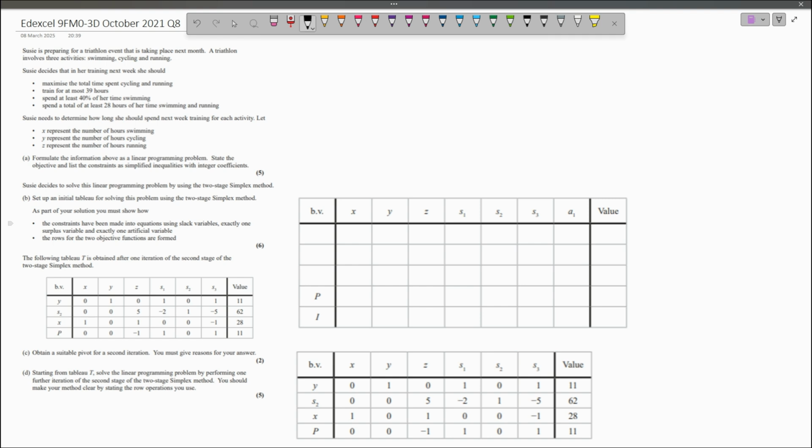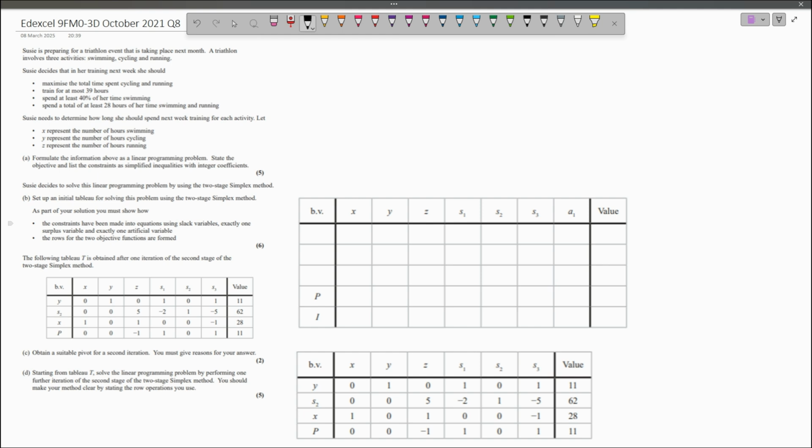Susie needs to determine how long she should spend next week training for each activity, where x is the number of hours swimming, y is the number of hours cycling, and z is the number of hours running. We have to formulate the information as a linear programming problem, where we have to state the objective and list the constraints as inequalities with integer coefficients.